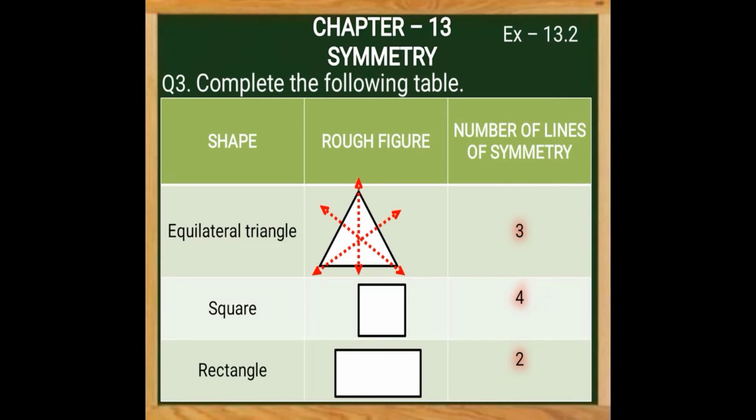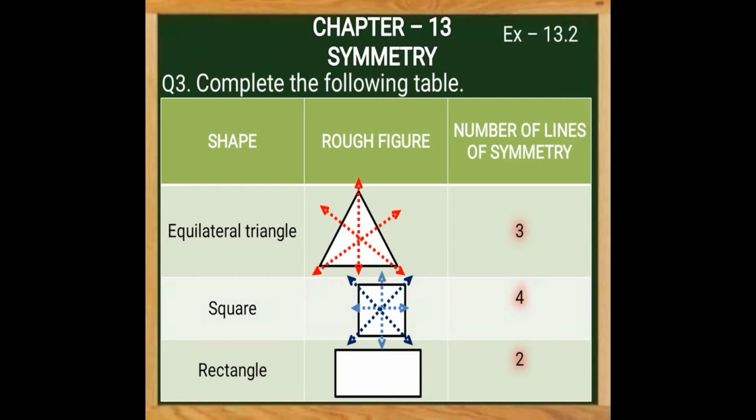So we have 3 lines of symmetry, right? Now for the square, we have L1, L2, L3, L4. So we can say the square has vertical, horizontal, as well as diagonal lines of symmetry.